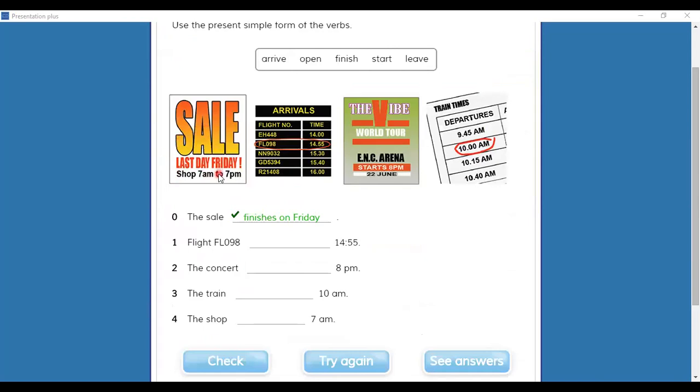So we have here a sale last Friday, shop 7 a.m. to 7 p.m. Arrival, so this is probably an airport, I think, or maybe a train. The Vibe, World Tour, Arena. Another one is a service, it's a concert. And the train times, departure. So this is a train station, obviously, and this is an airport then.